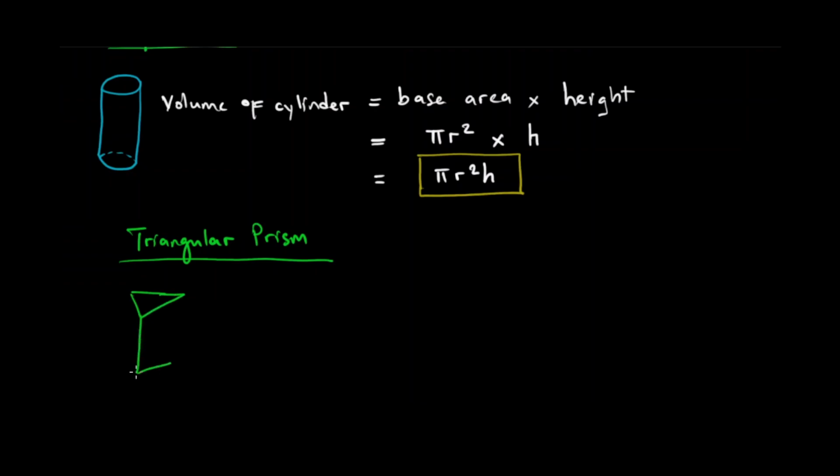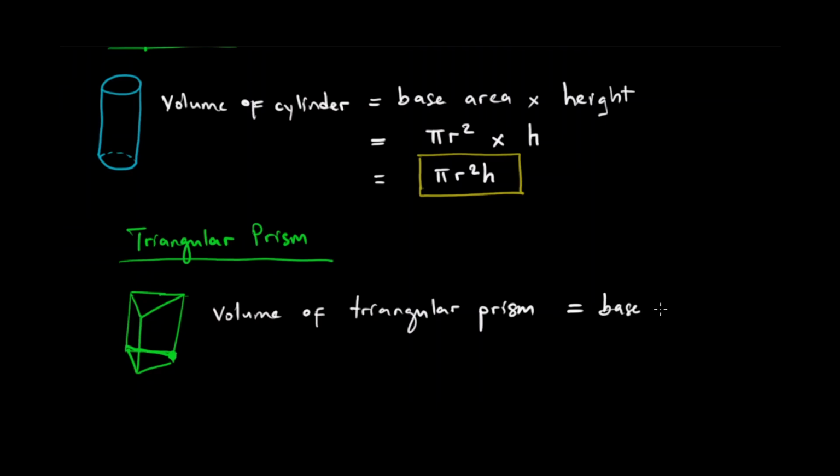So when we want to find the volume here, we will say volume of triangular prism, what is it equal to? It's equal to base area times height. So base area times height, which we write as h.